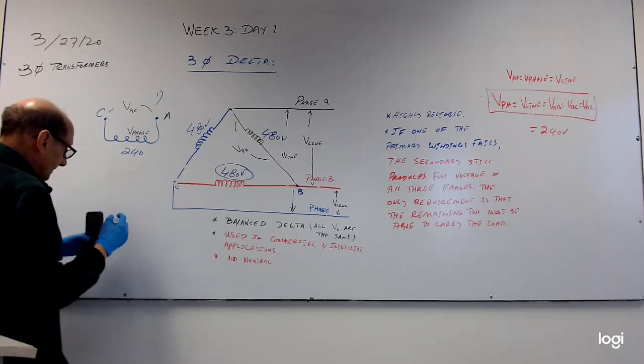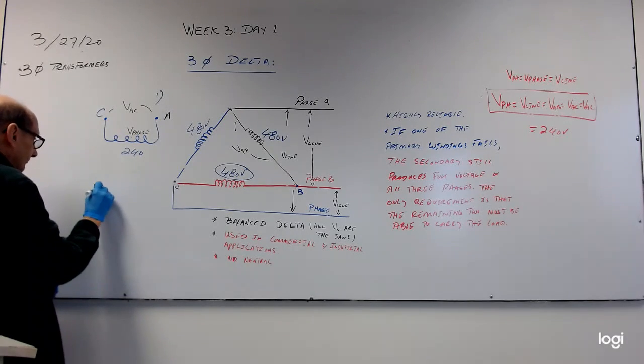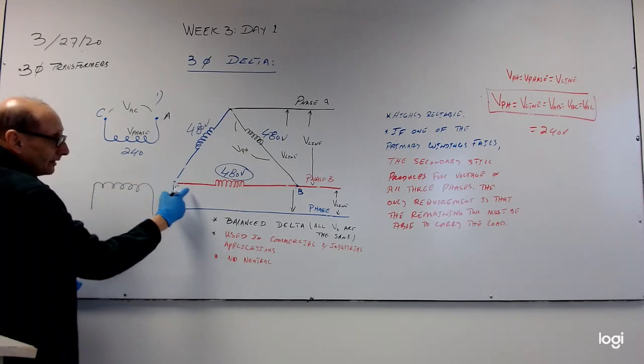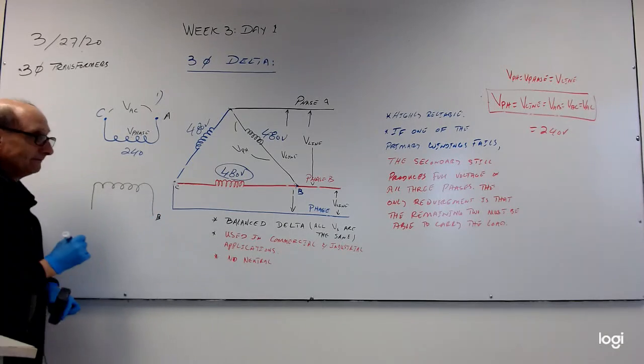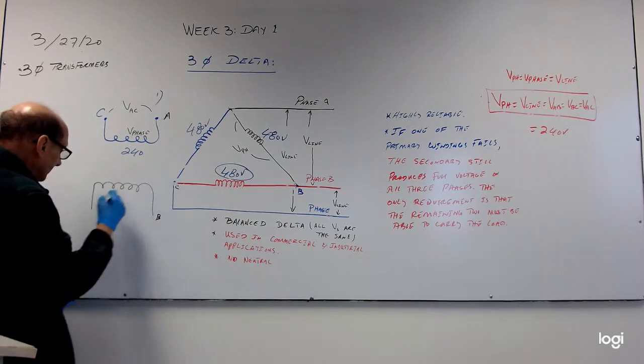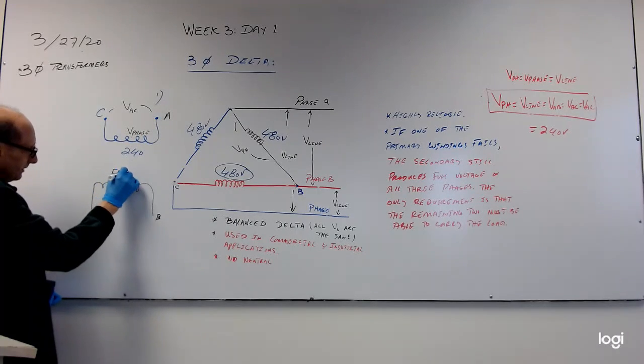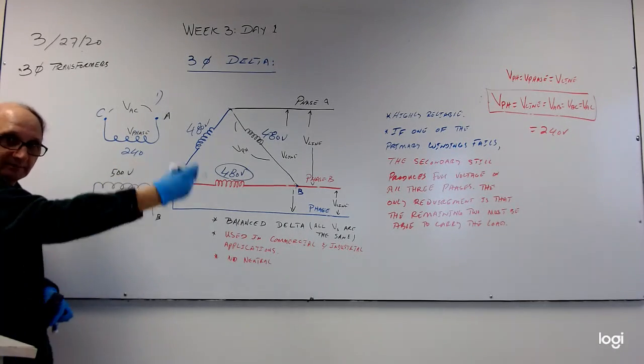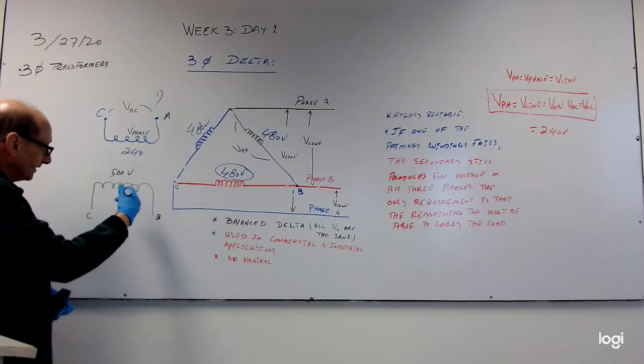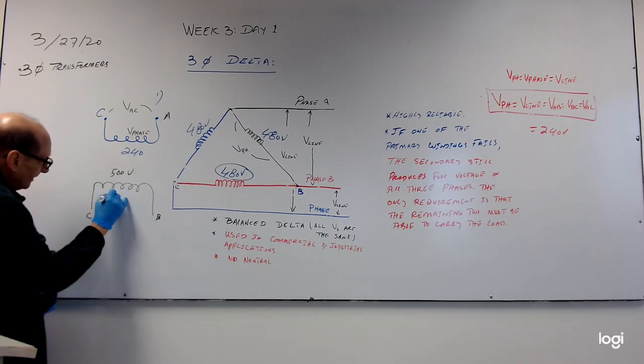So this is one point, that's point B, that's point C. If I give you this voltage, any voltage, it can go up to 600 or 2000 volts, that's my phase.